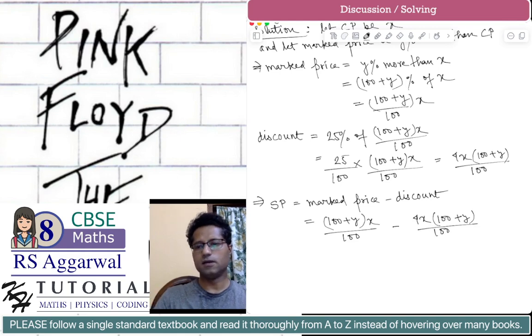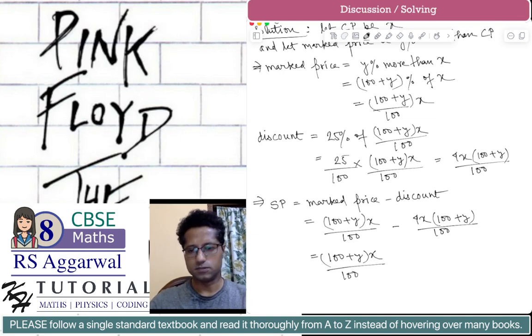You can see that (100 plus Y) multiplied by X divided by 100 is a common factor of both the terms. So take out the common factor, and we get 1 minus 1 by 4.